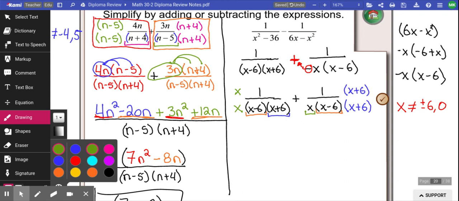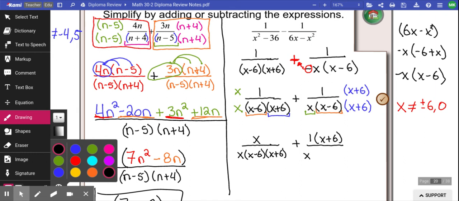I now have covered everything in the denominators to give me x divided by x, x minus 6, x plus 6, plus 1 times x plus 6 over x, x minus 6, x plus 6. I now have my common denominator.